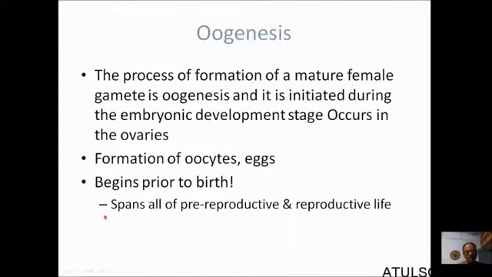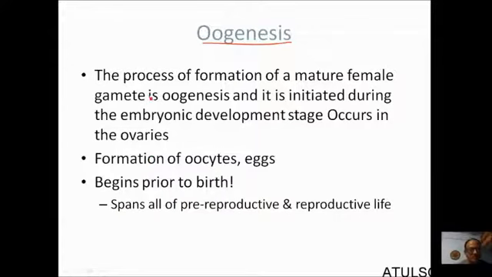The other process involved in gametogenesis, which takes place in a female, especially in the ovary, is the process called oogenesis, or the formation of ovum. Oogenesis is initiated during the embryonic development stage.